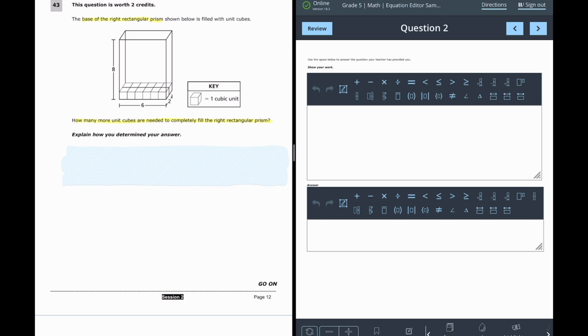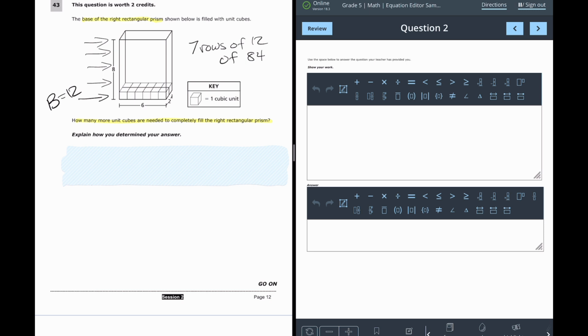Okay, so they already gave us a row, like a slice of it, and it has a 6 by 2. So our base has 12 cubes. And I need how many rows? I need another 7 rows of this. So I need another 7 rows of 12, or 84. Okay. Let's see, does that make sense?